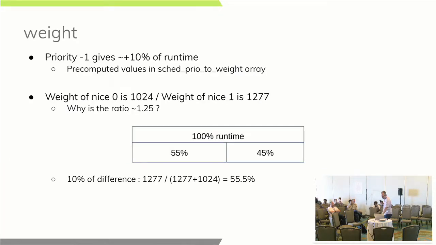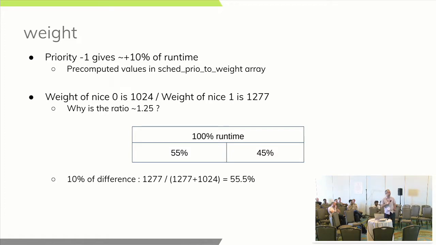So the weight, that's something that is interesting, maybe to come back on. By default, the weight is a value associated to each nice priority, and they have been computed in such a way that when you're increasing your nice priority by one, you should have 10% more running time, and it's always a step of 10%.